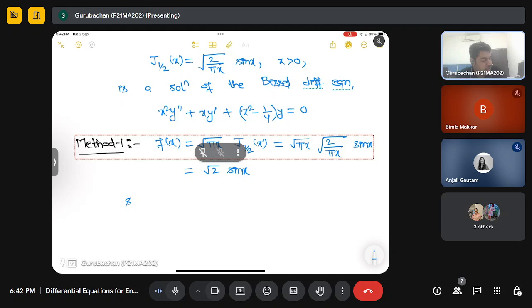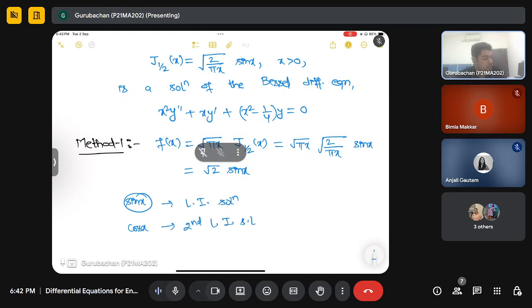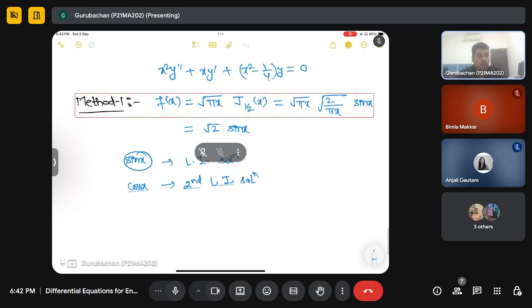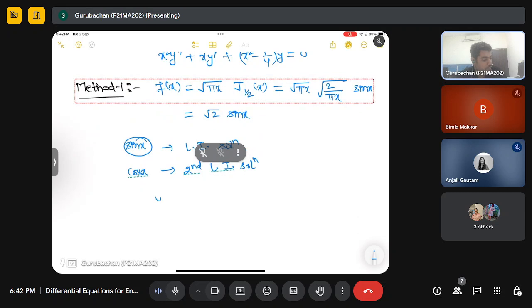If sin x is a solution, it is a linearly independent solution, then its other combination is cos x, the second linearly independent solution. And corresponding to this sin x and cos x, we have some equation. So let me recall it first. Y double dash plus my equal to 0.